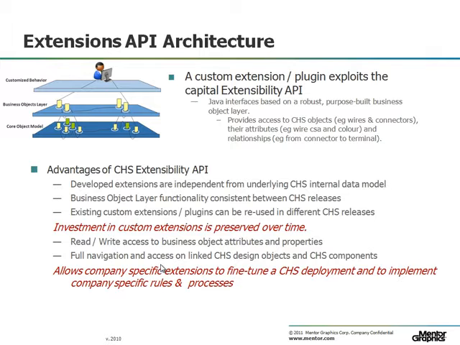We provide read-write access to the business objects, attribute and properties exposed, and we give you full navigation and access on all the linked CHS design objects and components. So this allows company-specific extensions to fine-tune a CHS deployment and to implement customer-specific rules and processes.